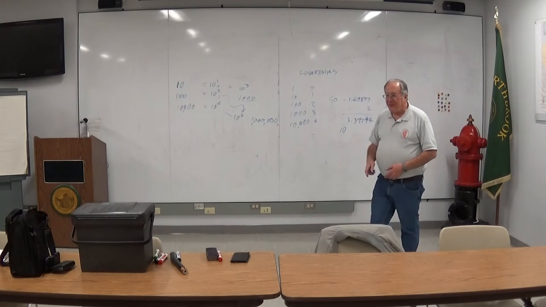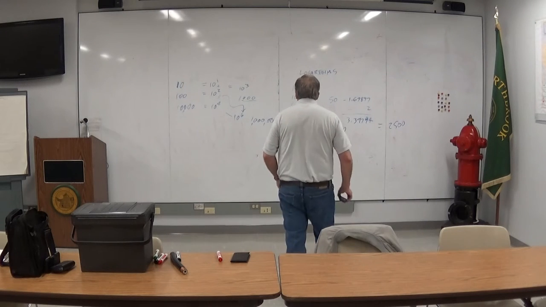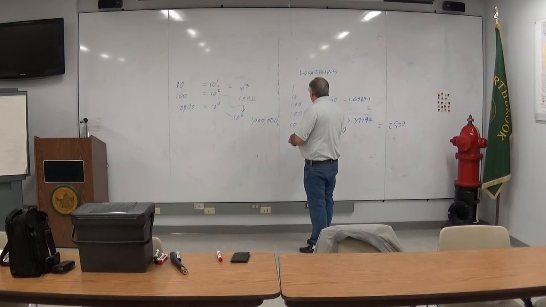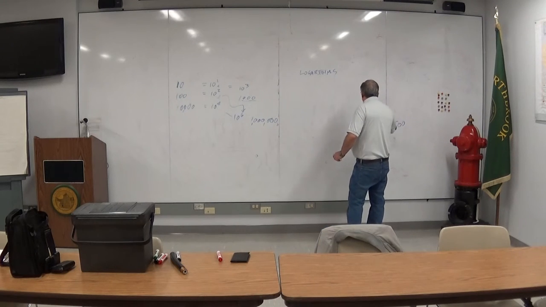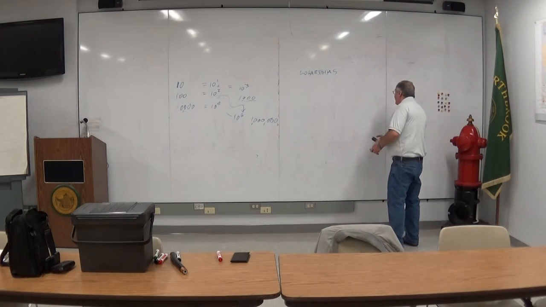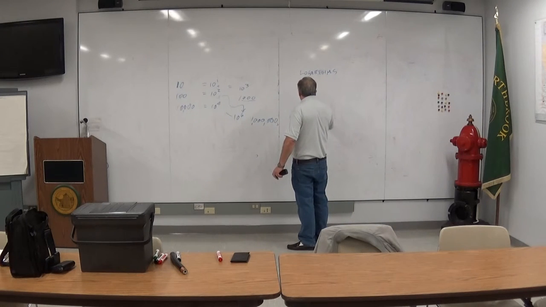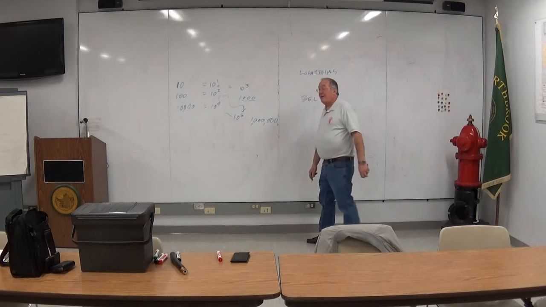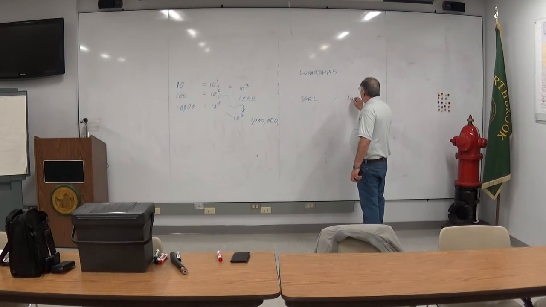Okay, what does it have to do with logarithms? Well, I should say, what does it have to do with decibels? A bel, which is actually named after Alexander Graham Bell, is the logarithm based on 10.